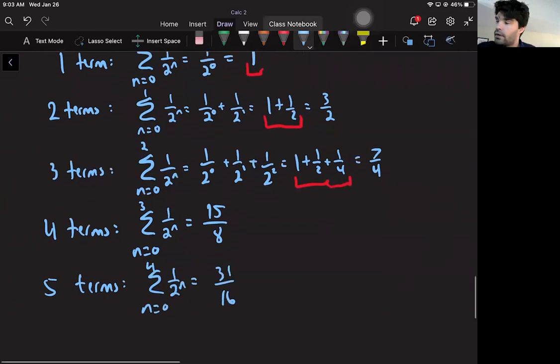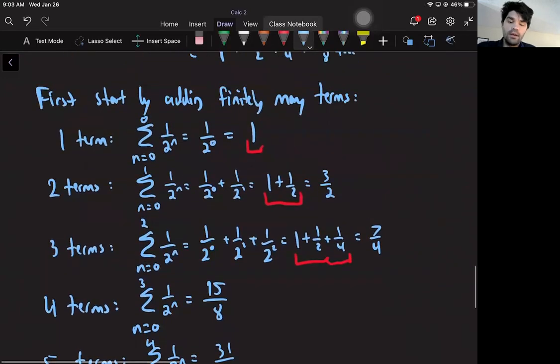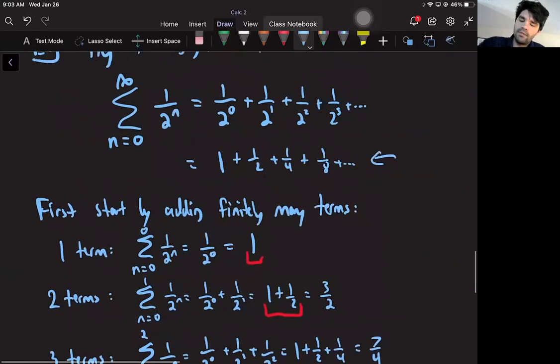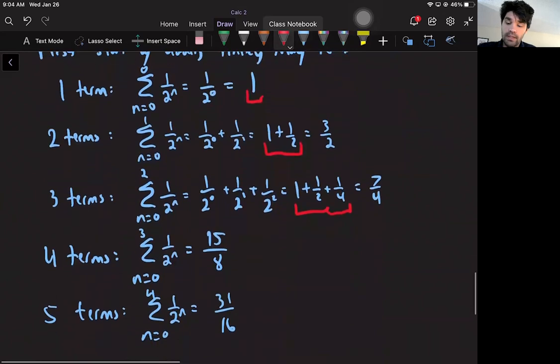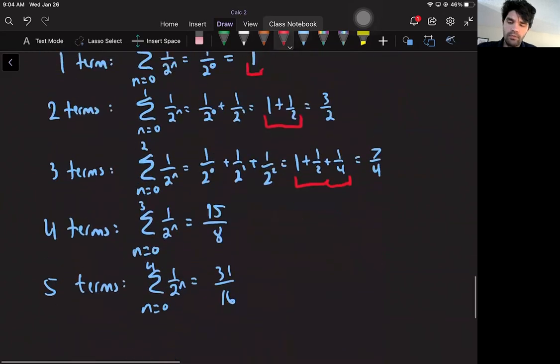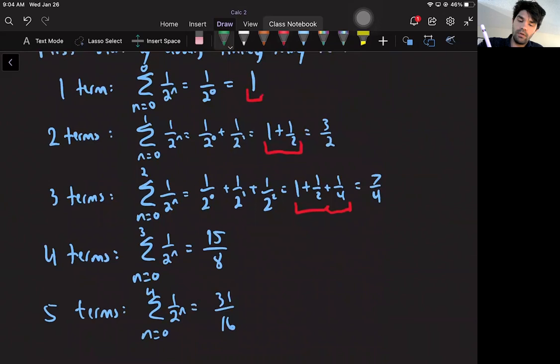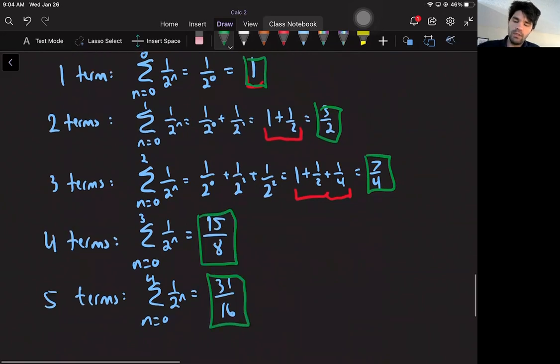Okay. So then the idea is, all right, fine, maybe I can't add this, but I can add this, and then I could add this, and then I can add this, which is what we've been doing down here. And I can see if those numbers follow a pattern. So here are the numbers: 1, 3/2, 7/4, 15/8, 31/16.